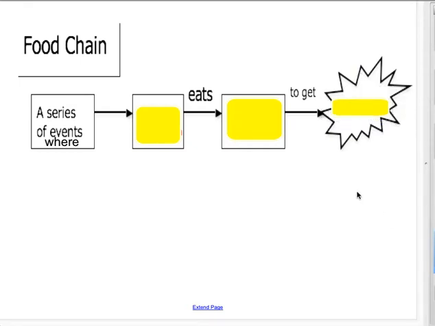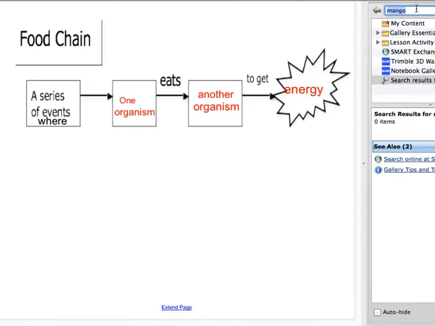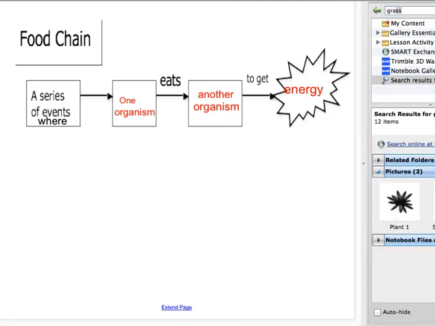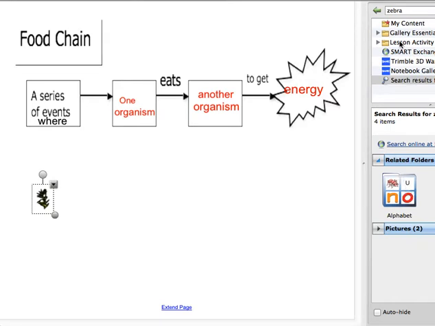Now, you've probably heard in elementary school about a food chain, which is a series of events where one organism eats another organism to get energy, right? Where we might have some green plants that are eaten by a zebra, which is a herbivore.